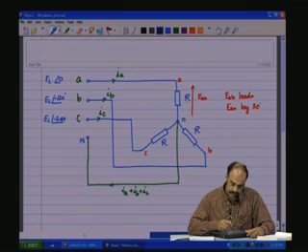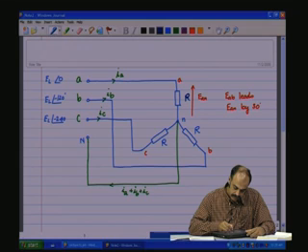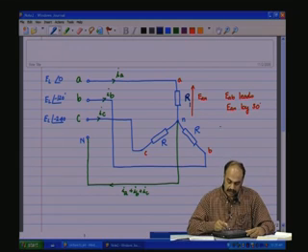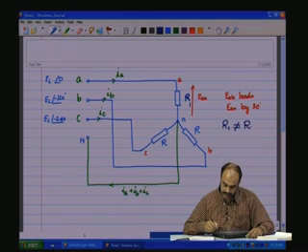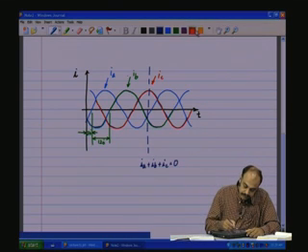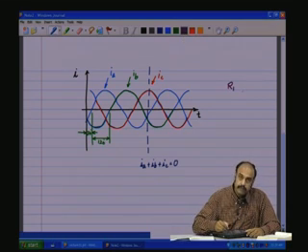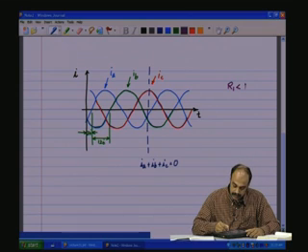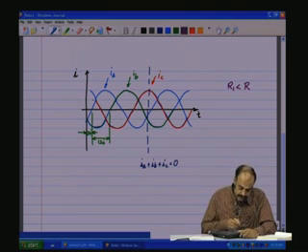So, let us say that the R connected to the A phase is, instead of R, R1, and R1 is not equal to R. So, what happens is that, let us say R1 is lesser than R, which means more current, or more IA, flows through the R1 resistance.